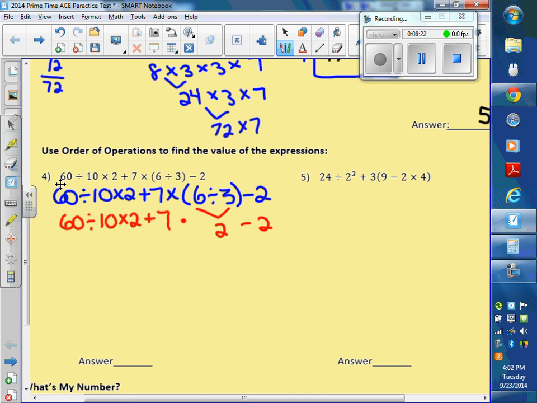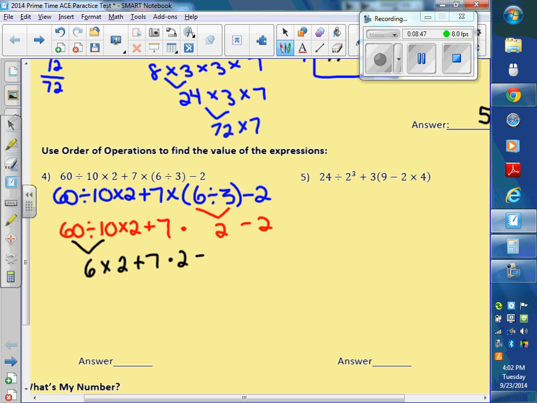Might be easier to read if I move that down a little bit. So I did the parentheses. There are no exponents, so now I do multiplication and division, whichever comes first when I look left to right. So I'm going to do 60 divided by 10, which is 6, times 2 plus the 7 times the 2 minus the 2.